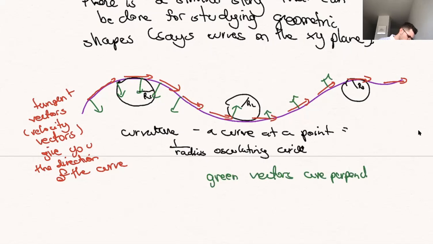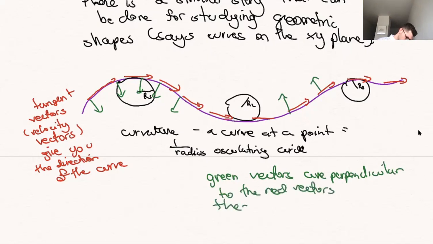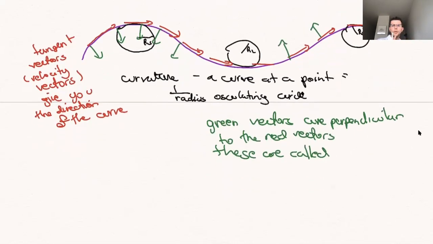I should draw them better. I killed my curve. And these are called normal vectors.